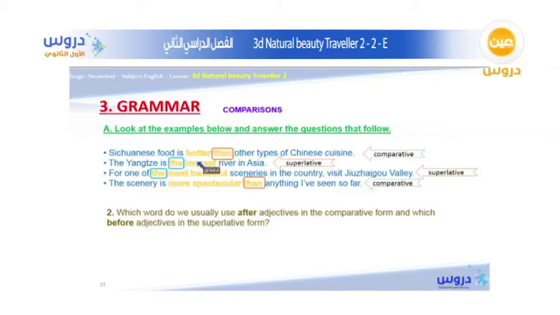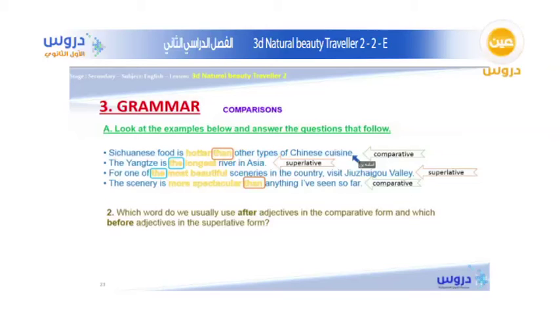You see here, the base form of hotter, we have hot, and add er. Okay, so the word is hotter than. So we have two parts: Sichuanese food, and Chinese food. But here, before that, you have long. The word is long, and you have to add est.